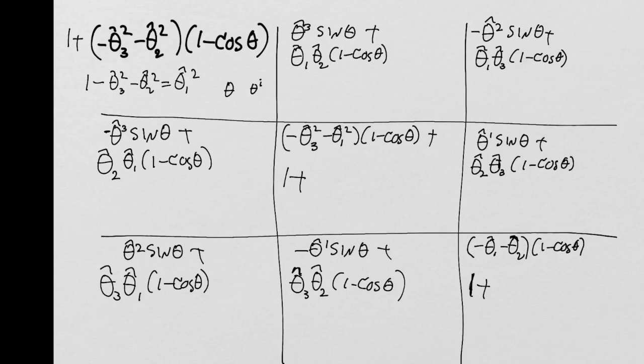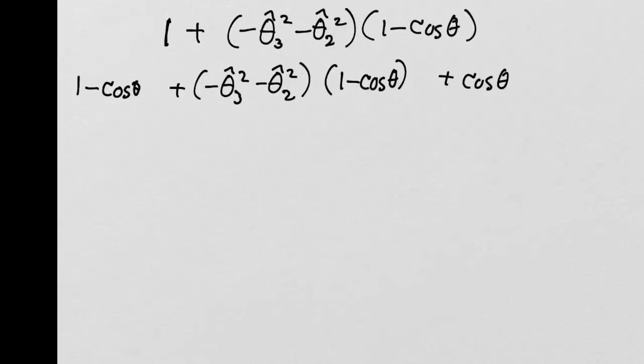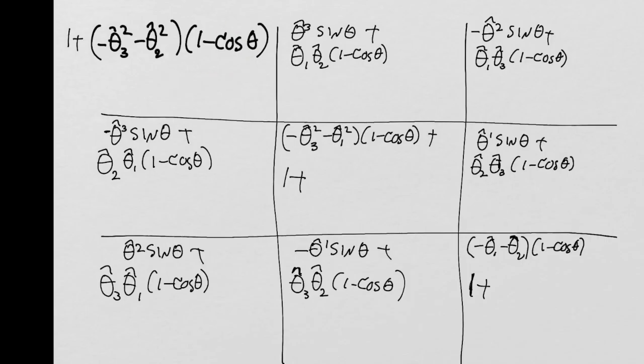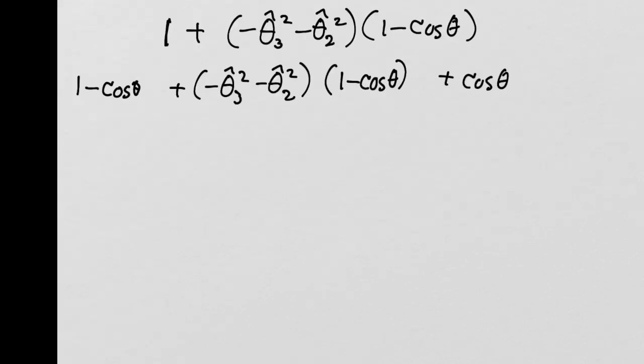And then the cosine part is left behind, but it's just 1 times the cosine part. So just to put a fine point on it, 1 plus this term, right, which is what we're dealing with on all of the diagonals, right? The only difference is a permutation of 3, 2, 3, 1, 1, 2, right? 1 plus this term is equal to 1 minus cosine theta plus that term plus cosine theta. So I'm adding and subtracting a cosine theta.